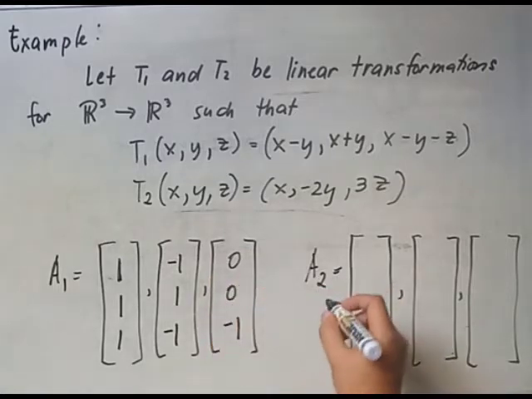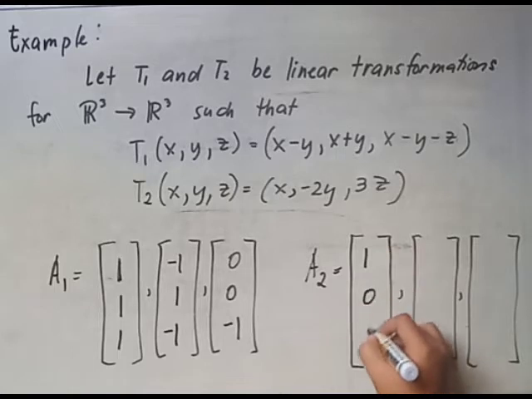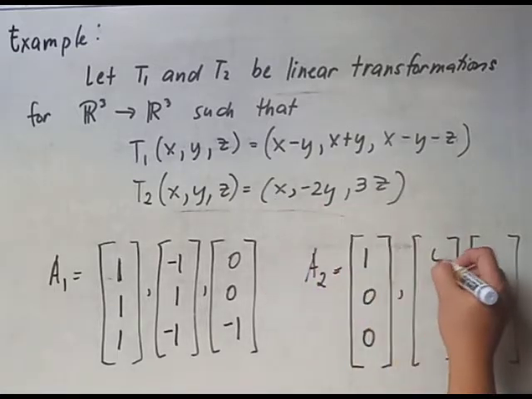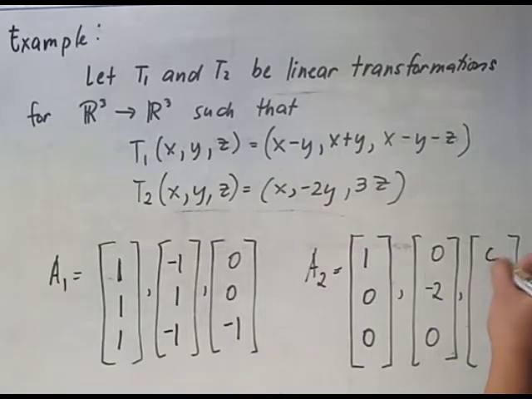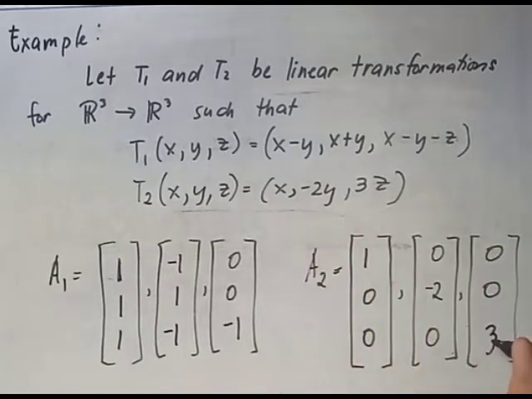In matrix A sub 2, we have x values of 1, 0, 0, y values of 0, -2, 0, and z values of 0, 0, 3.